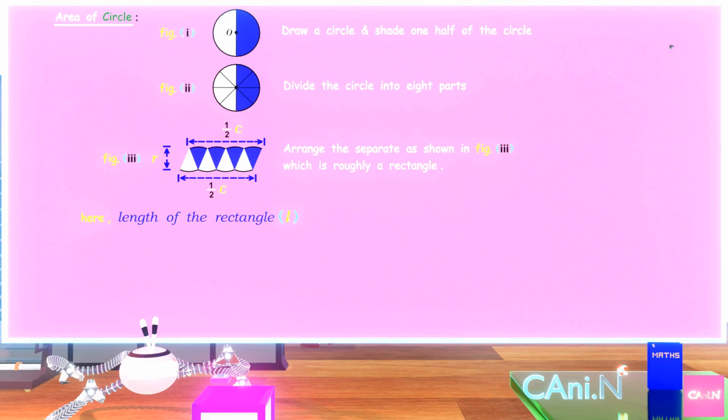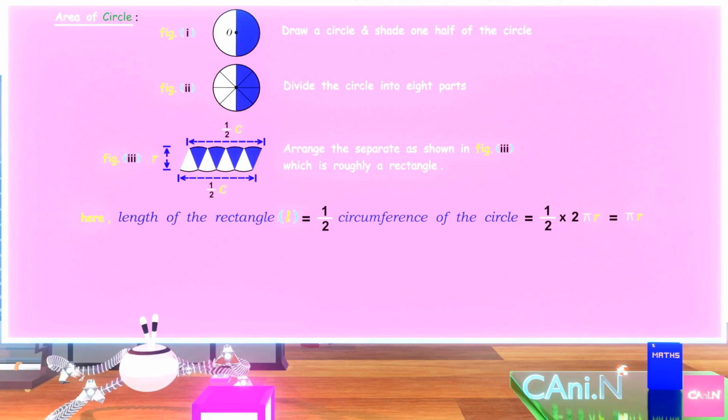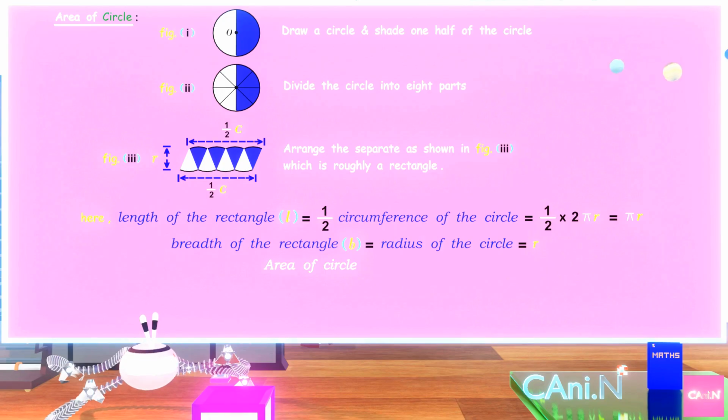So, here length of the rectangle equals half of the circumference of the circle, equals 1/2 into 2 pi r, equals pi r. Breadth of the rectangle equals radius of the circle equals r. So, area of circle equals area of rectangle equals length into breadth. Therefore, area of circle equals pi r square.